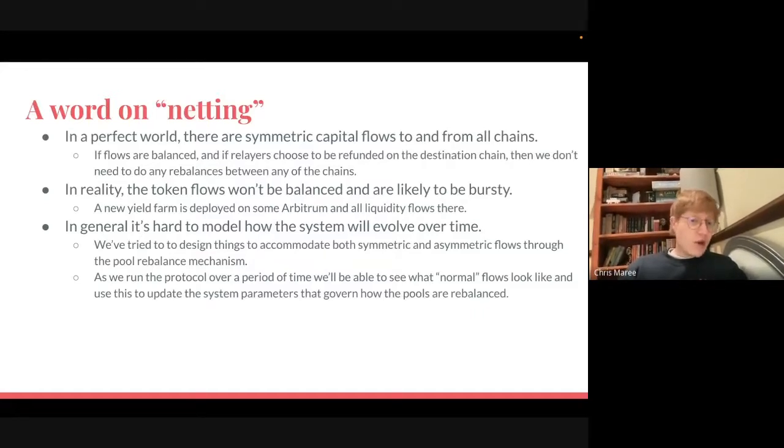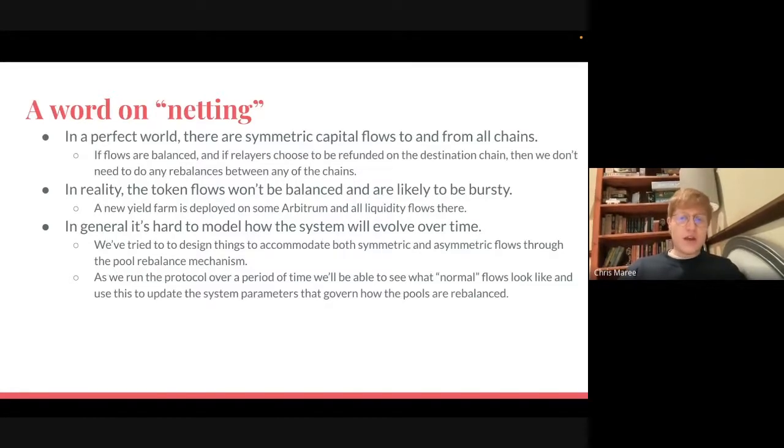But in reality, we don't think that's how the world's going to play out. It's likely that yield is going to dictate where money flows across this ecosystem of rollups. So we've tried to design the system to accommodate both scenarios, the happy path of symmetric capital flow, as well as asymmetric capital flows, where the system can rebalance itself and move money around where it needs to go.